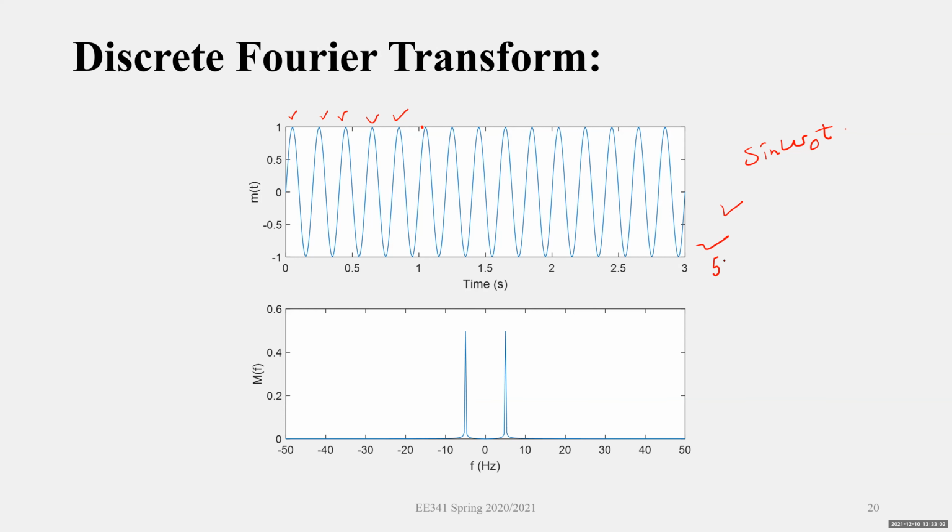So 5.5. Okay, so you know that the total is 3, so 1 divided by this, so it will be 5.5 samples per second.